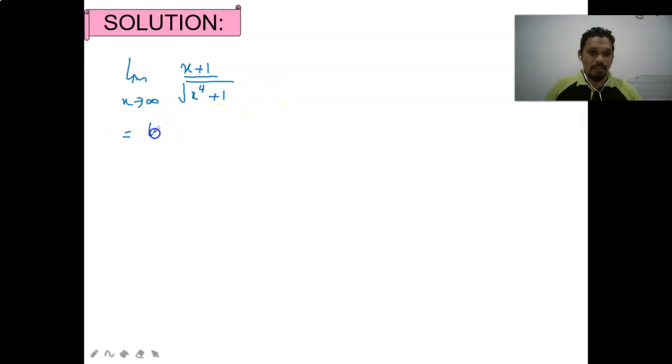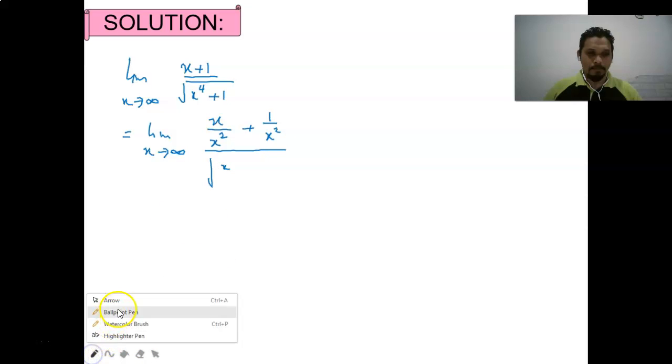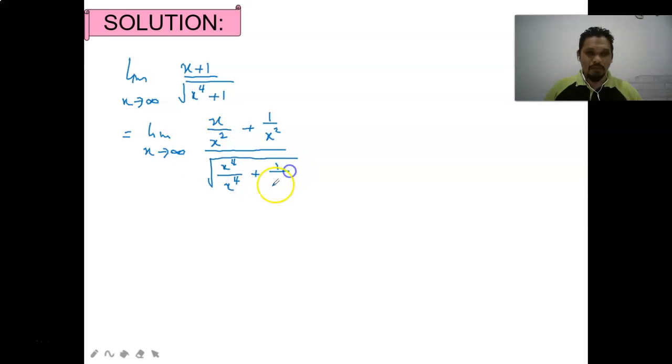Then this comes out as the limit x approaching infinity of (x divided by x squared plus 1 over x squared) divided by the square root of (x to the power of 4 divided by x to the power of 4 plus 1 over x to the power of 4).